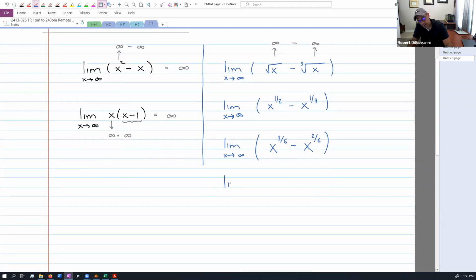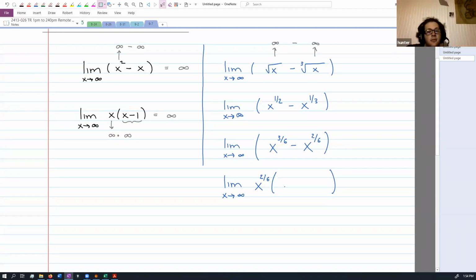Now the clever part. What I realize is that they both have something in common. They both have an x to the 2/6. So I pull out an x to the 2/6. And then what would we need to multiply this by to get back this?